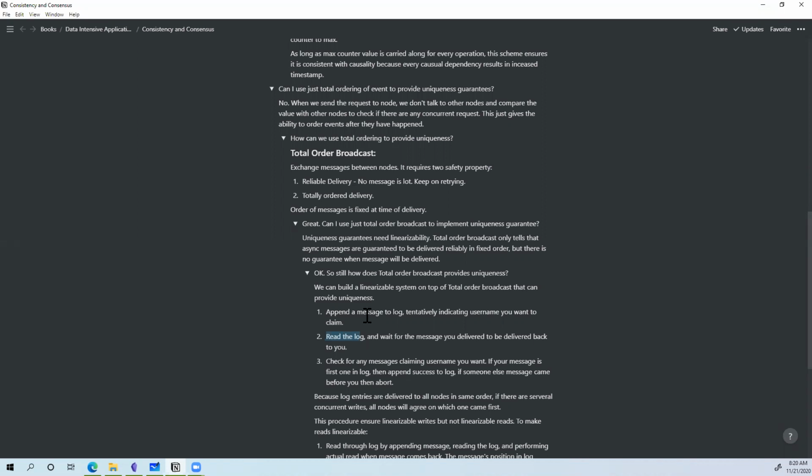If ABC is already taken, even though it says okay, then it will do a retry and either suggest that ABC is over, try something else, or say that ABC is not available.